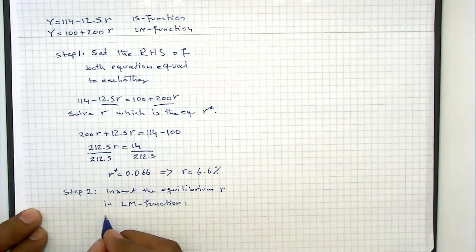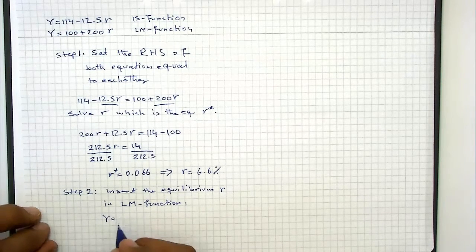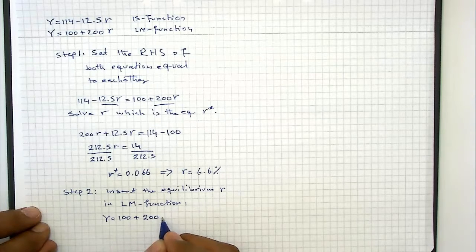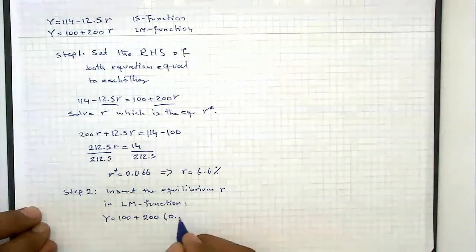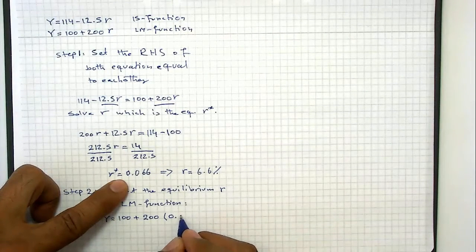So y equal to 100 plus 200 r, but instead of r I put the solution for r, which is 0.066.